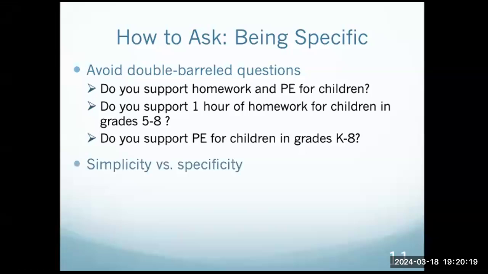Another part that's important to consider when you're forming survey questions is simplicity versus specificity. So it is important to be concise, but you also have to be specific enough that you're getting the information you actually want. For example, do you drink alcohol? That is a terrible survey question because it's so vague.